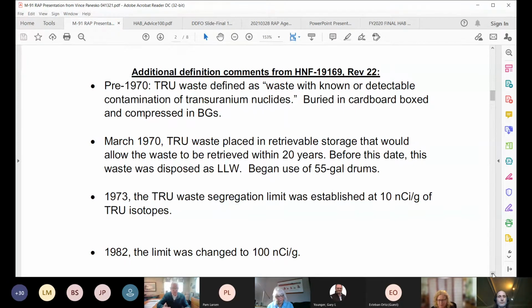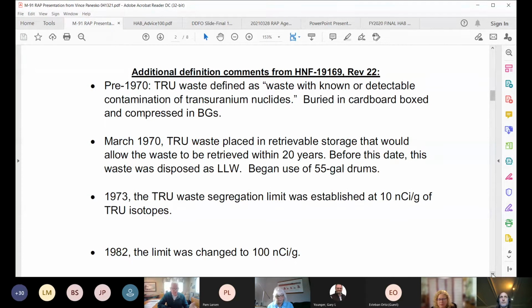The development of analytical equipment that you could put around a box or a drum to determine what's inside was just getting started in the early 70s. And so in 1973, the limit was 10 nanocuries per gram. And then that got changed in 1982 to 100 nanocuries. So anything over 100 nanocuries per gram goes to WIPP and is considered TRU, anything under is not.